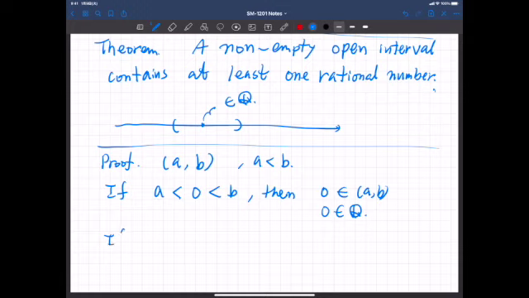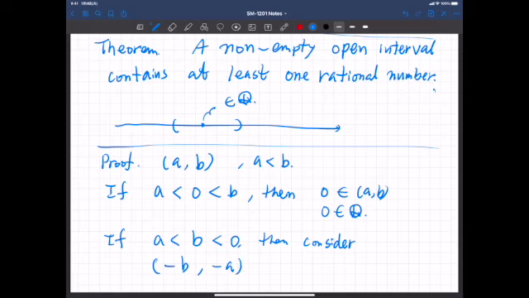Okay, and then if both are negative, A is less than B and B is less than 0, then we can consider the interval from negative B to negative A. So they are both positive.